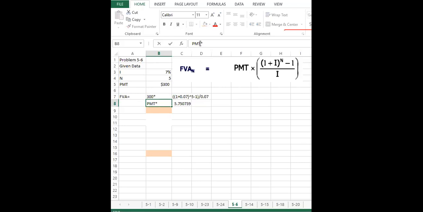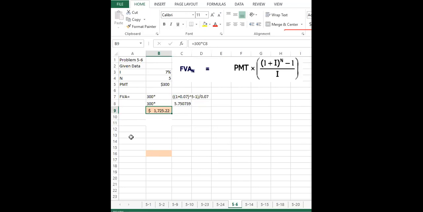So here we have 300 multiplied by the factor that we just calculated. So the answer is $1,725. This is the future value of the annuity.